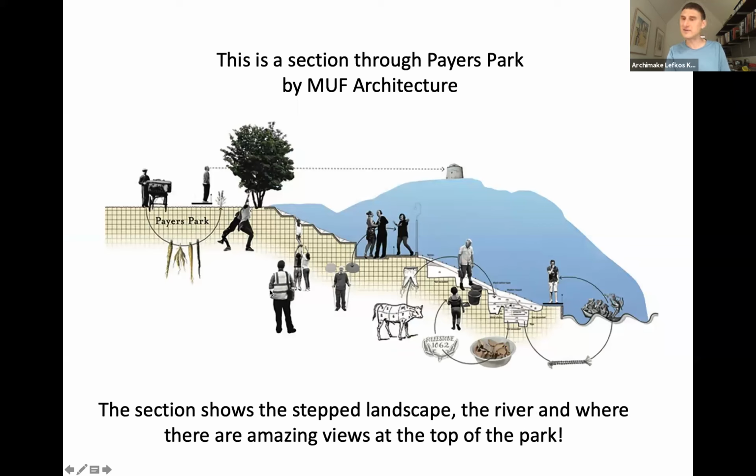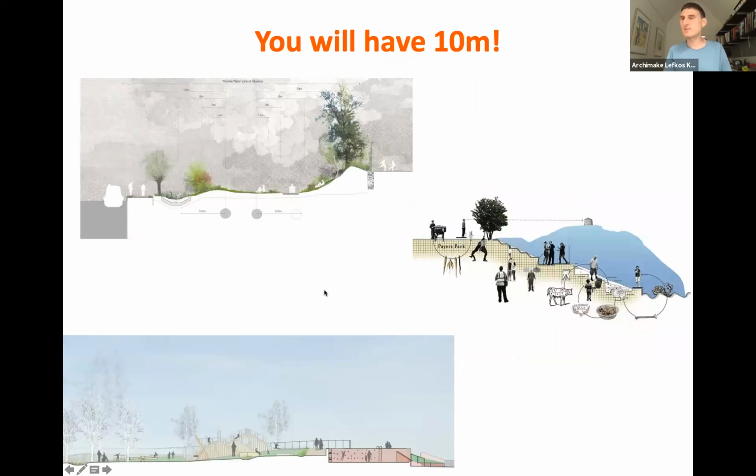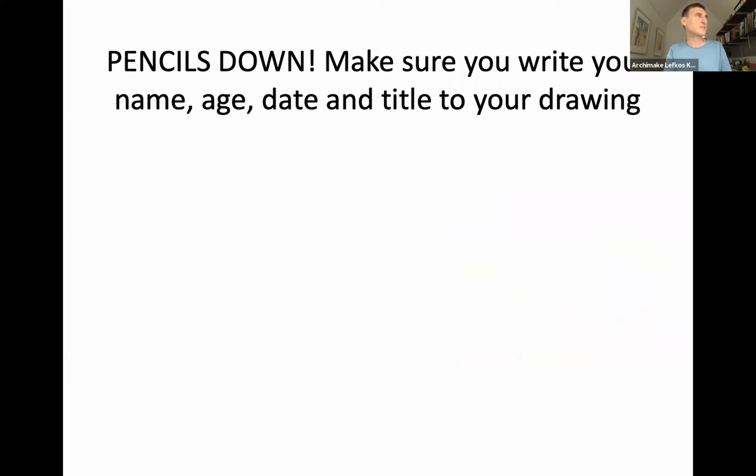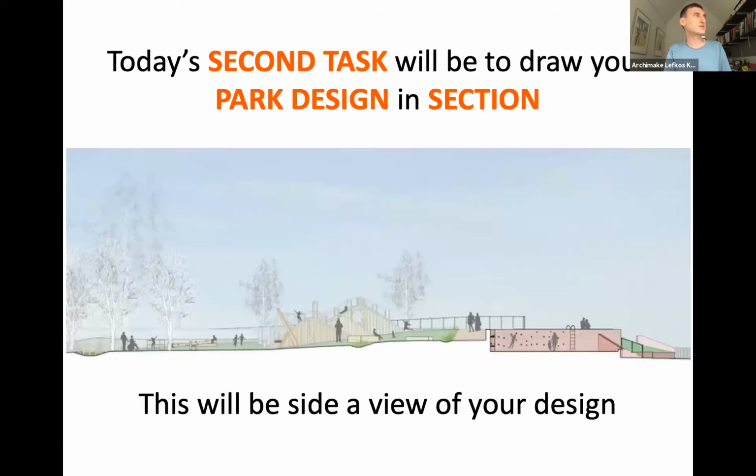It's a bit more playful, a bit more unusual, but they may enjoy drawing it. And there's a waterway as well. So it's a 10-minute task to copy one of these. Pencils down, make sure you fill in all the things on the title block.